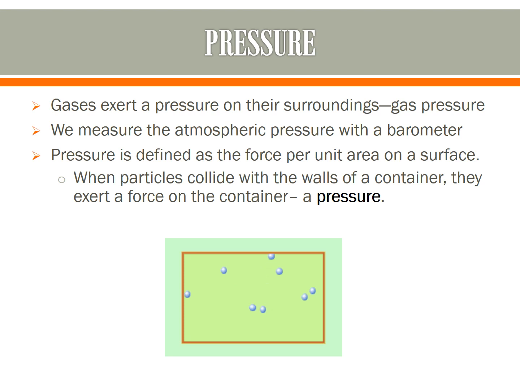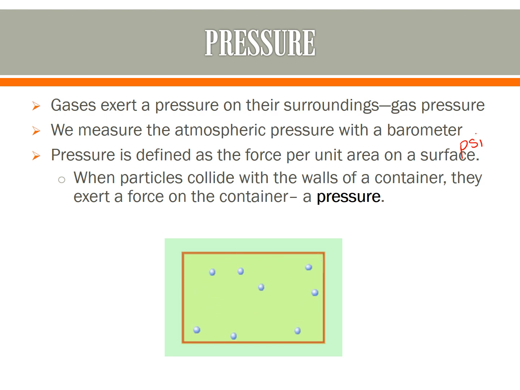So pressure. Pressure in terms of gases is really just collisions. Gases will exert a pressure on their surroundings, and we measure this with a barometer. Pressure is defined as force per unit area on a surface. Usually you'll see, like on a tire, we'll say PSI, pounds per square inch.